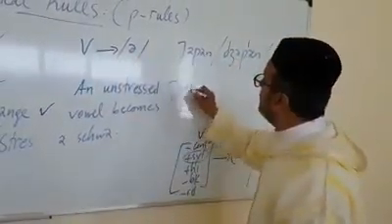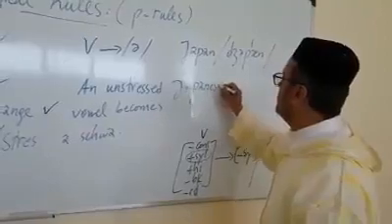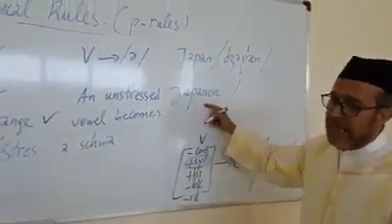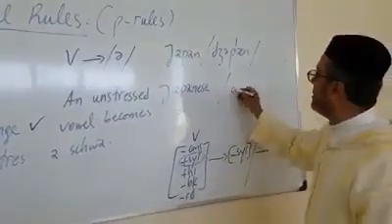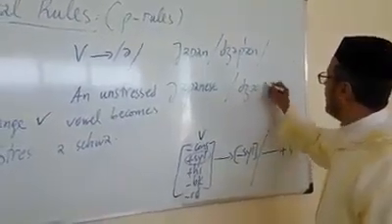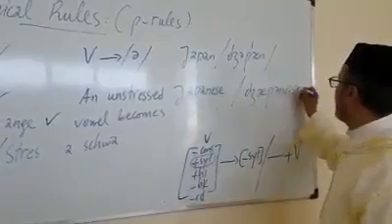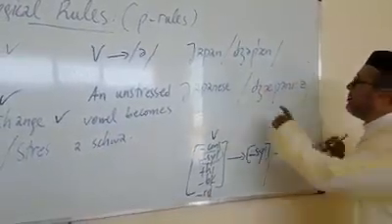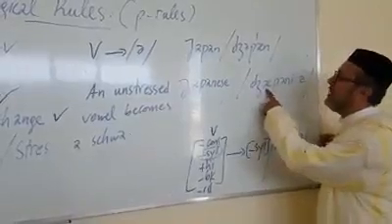Now, look at this. How do we pronounce this? Japanese. Alright, so this becomes... This one is stressed. Now, when it is stressed, it's a full vowel, a.